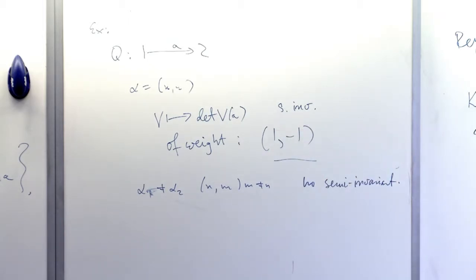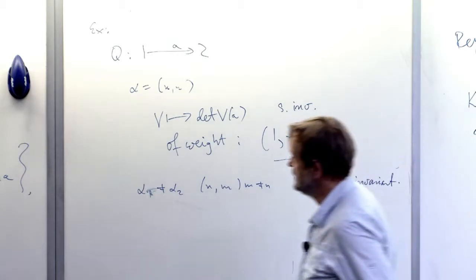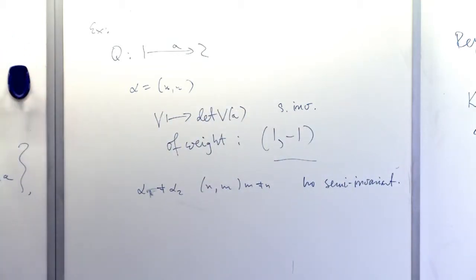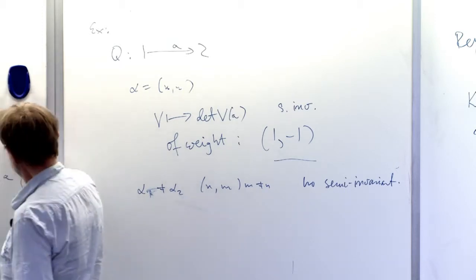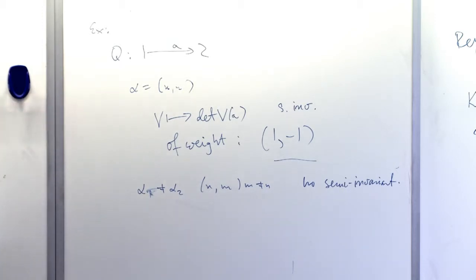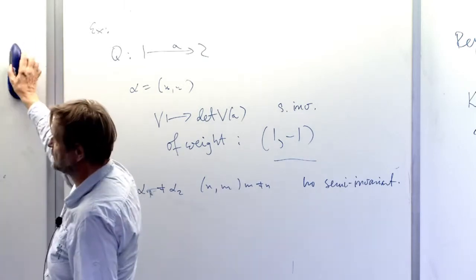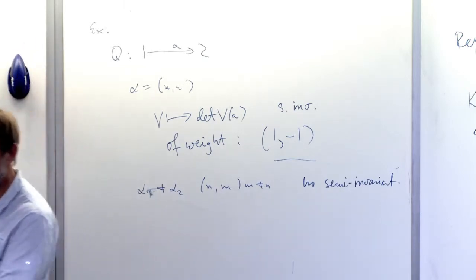That's the definition of semi-invariant. The result that I want to show you is that for each quiver, you can write a kind of canonical spanning set of the ring of semi-invariants, which corresponds to representations.